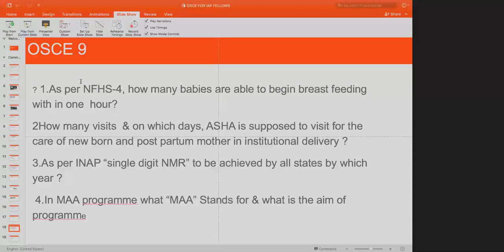So this is OSCE number 9. It has 4 parts. So I think you can answer one by one.